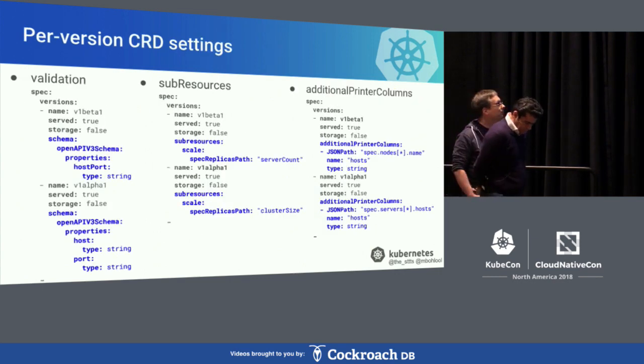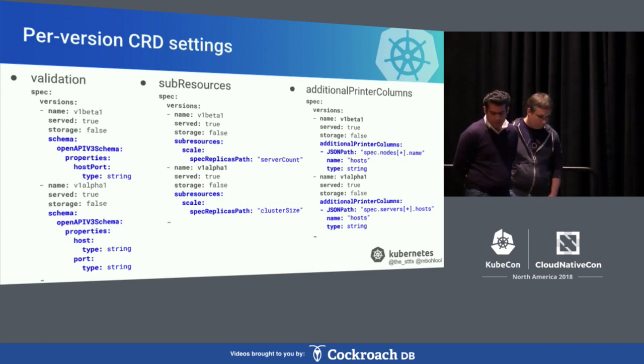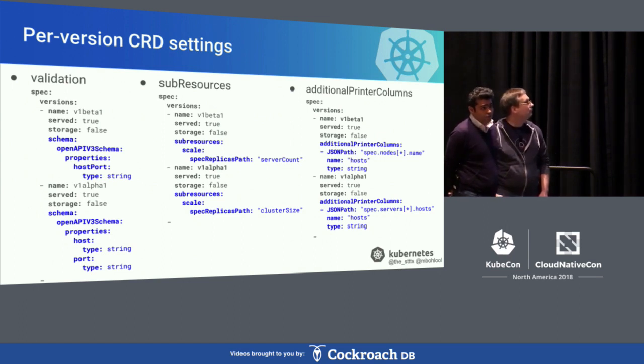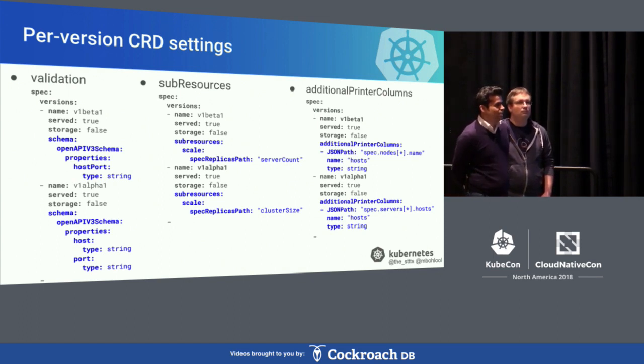Other than those three simple fields, starting 1.13, we moved other CRD fields into the versioning. We moved them per version. First one is validation. We had a validation field at top level. Now we have a schema field at each version. Each version can have its own schema.